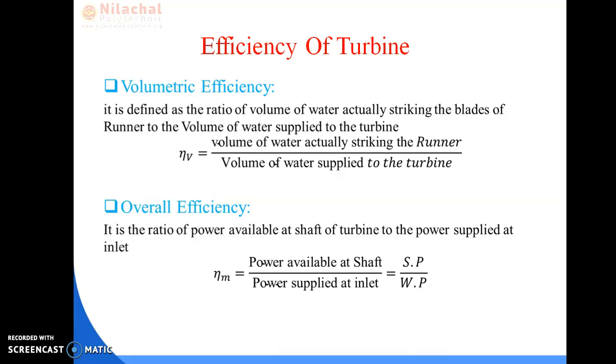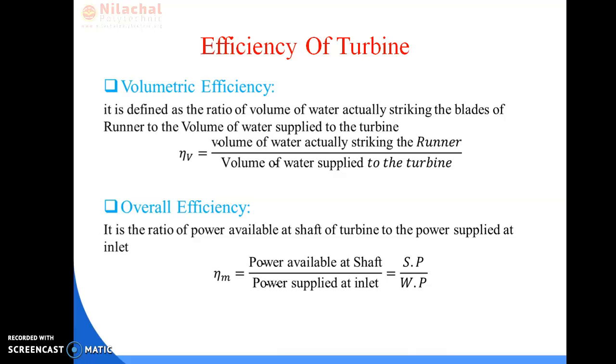Then the volume of water striking the blades of the runner, responsible for the movement of the runner blades to produce mechanical power, is divided by the volume of water supplied to the turbine, that is the amount of water in terms of volume per second, considered as Q. That is the volume of water obtained from the penstock outlet, known as the volume of water supplied to the turbine.